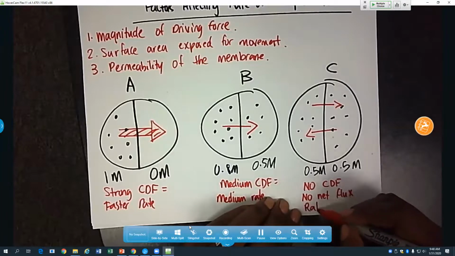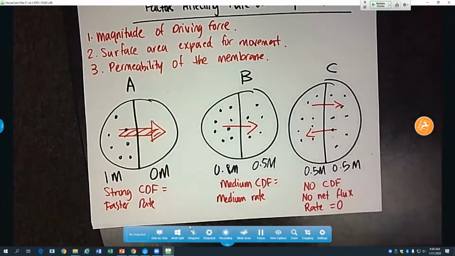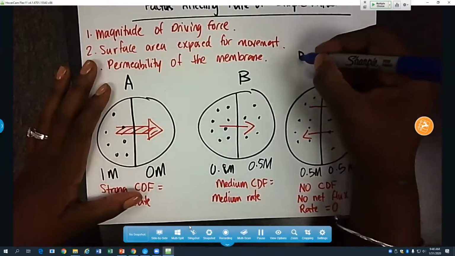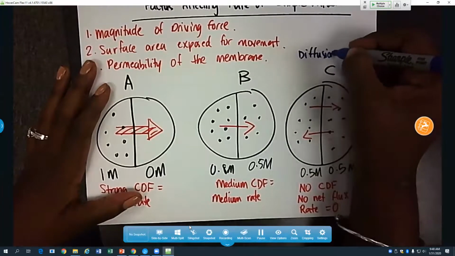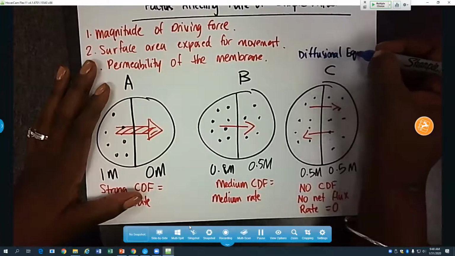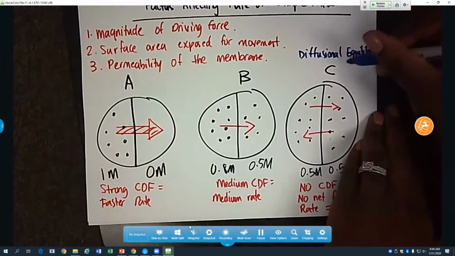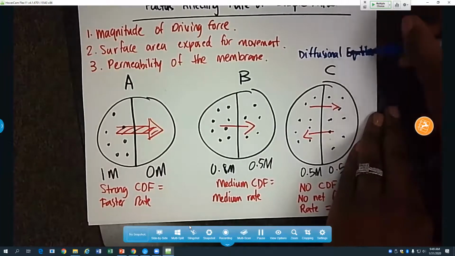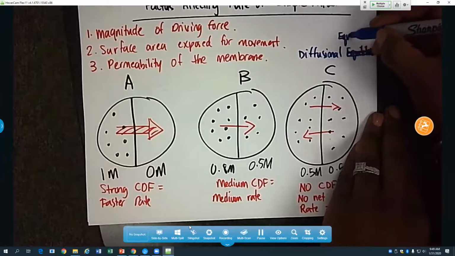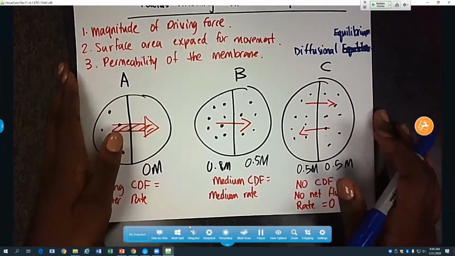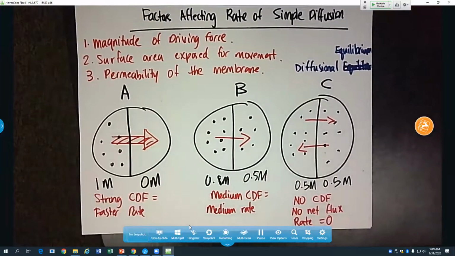Right, so our rate of movement equals 0. And just to remind ourselves here, we can say that this scenario is at diffusional equilibrium. Okay, we're at diffusional equilibrium in that last scenario.